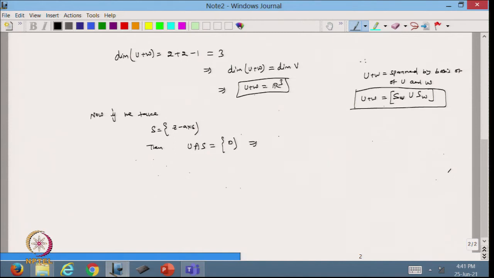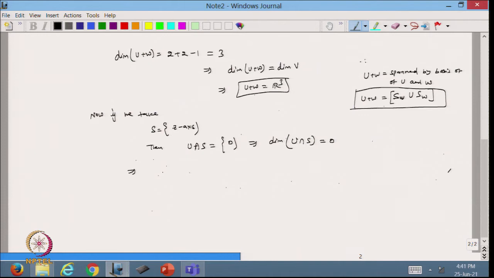So the dimension of U intersection S will be 0, because it contains only one element, the 0 element.